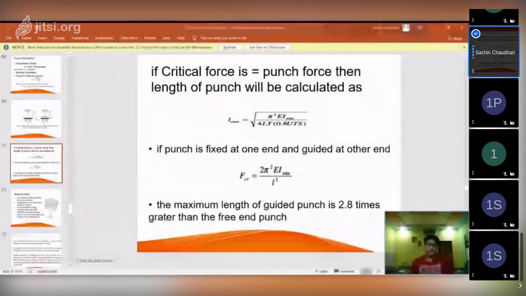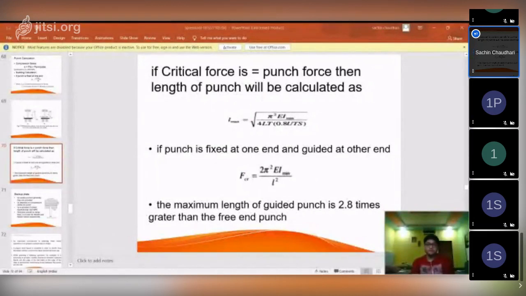Because the critical force exerted by the guided punch is greater, guys, than your free end punch. That's why the maximum length of a guided punch is 2.8 times larger than the free end type punch.